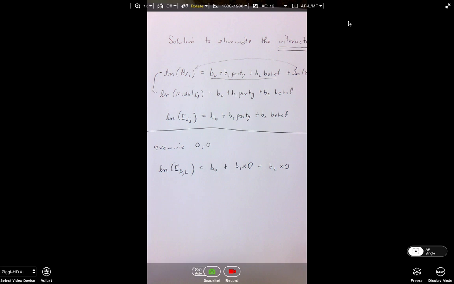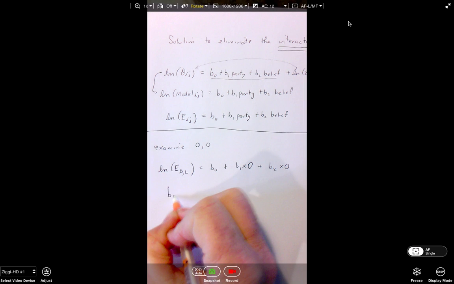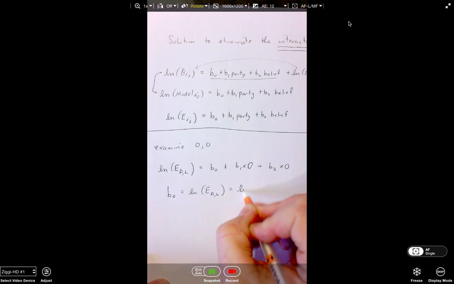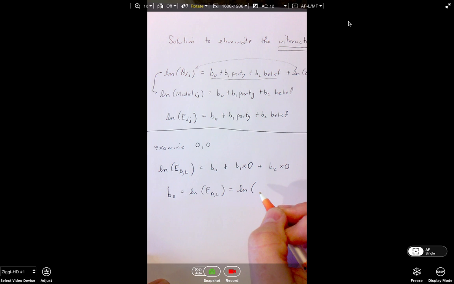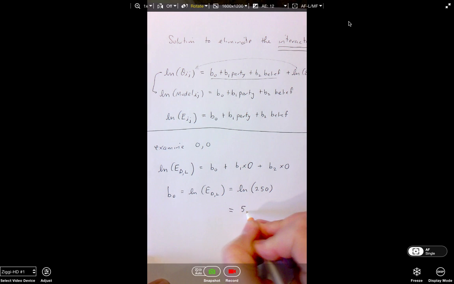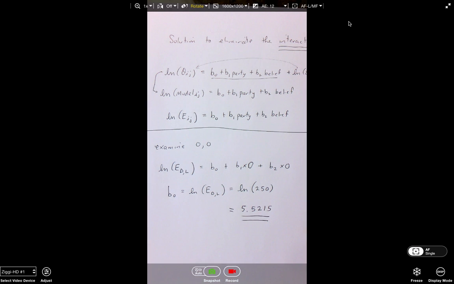So at the end of the day, we can say that beta 0 is the natural log of the expected value for a Democrat who is pro-life, and the expected value for that was 250. So the natural log of 250 is 5.5215, telling us B0, the base, is 5.5215.